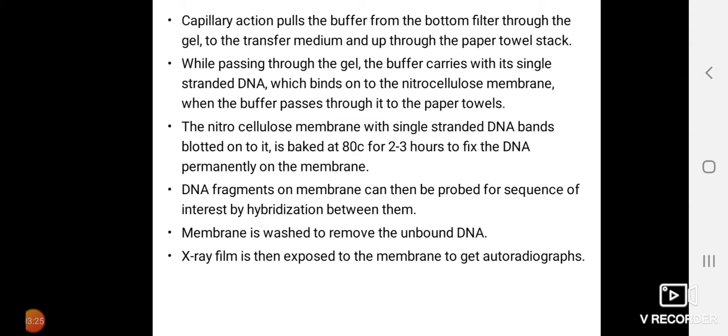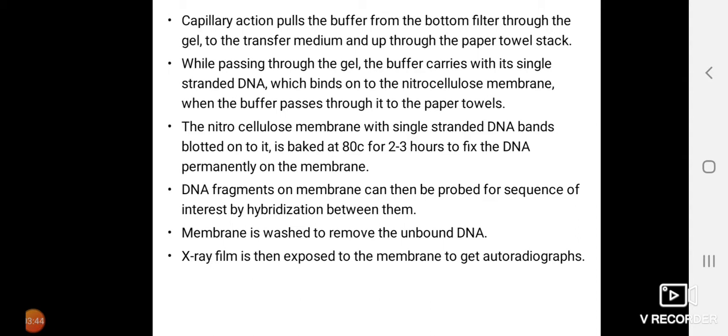One is through capillary action, which will help in pulling it up, or we can use electroblotting, wherein, since nucleic acids are negatively charged, they tend to move towards the positive electrode.